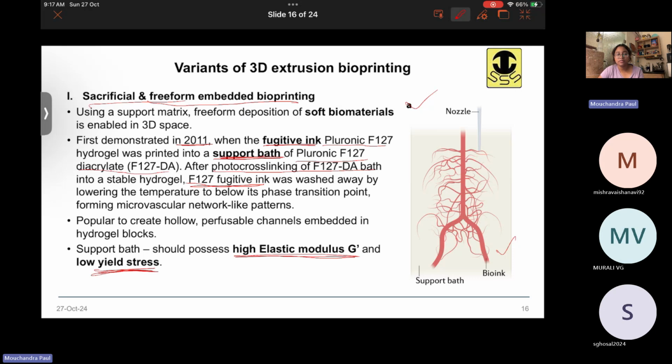But how do you print them? That is why this type of variation of extrusion-based 3D bioprinting came into the picture. Here you can deposit biomaterials of low viscosity, which if you try to print on a build platform, will collapse. But if you print inside the support bath with high elastic modulus and low yield stress, the deposited ink will stay in its place.